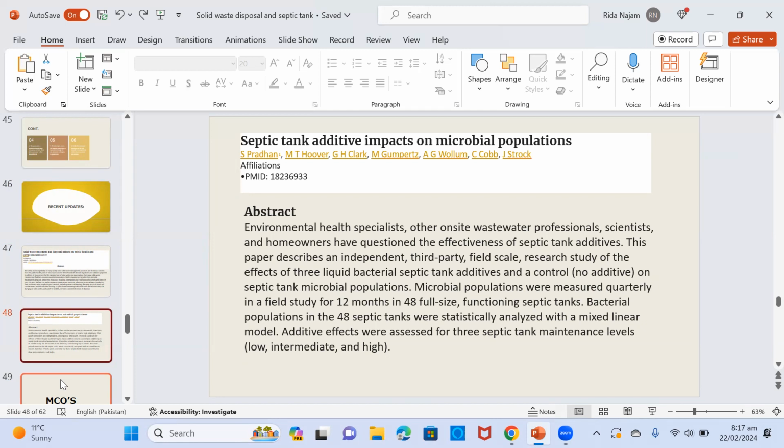Microbial populations were measured quarterly in a field study for 12 months in 48 full size functioning septic tanks. Bacterial populations of the 48 septic tanks were statistically analyzed with a mixed linear model. Additive effects were assessed for three septic tank maintenance levels: low, intermediate, and high.